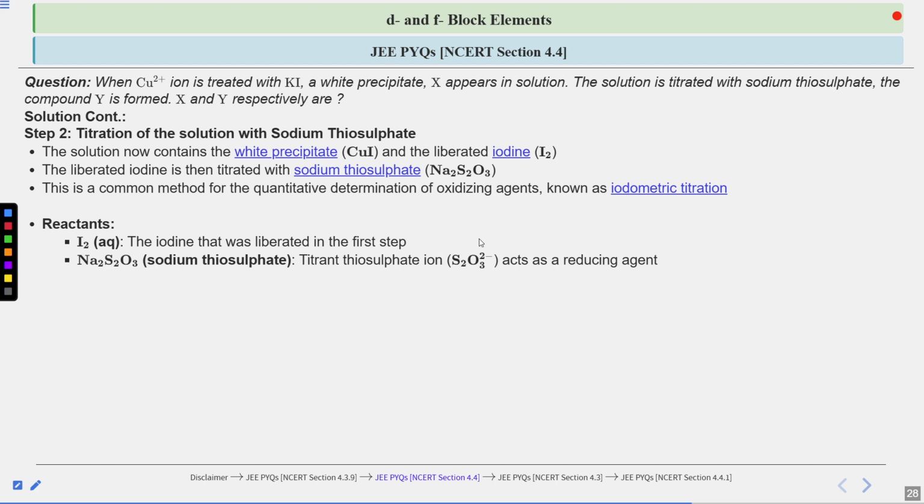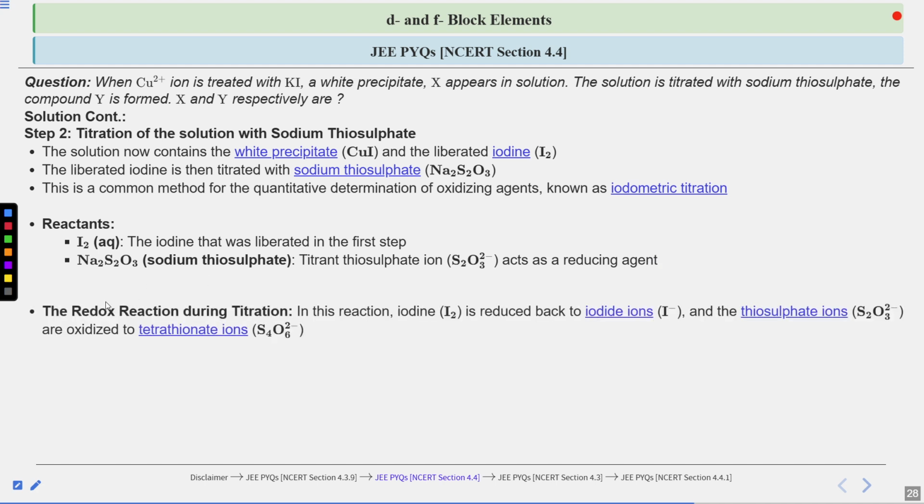This titrant thiosulfate ion will act as a reducing agent, right? And the redox reaction will happen during the titration. In this reaction, the iodine we got from the first step is reduced back to iodide ions, from 0 to -1 oxidation state. And the thiosulfate ions, S2O3 2-, are oxidized to the tetrathionate ions, that is S4O6 2-, after the titration happens.